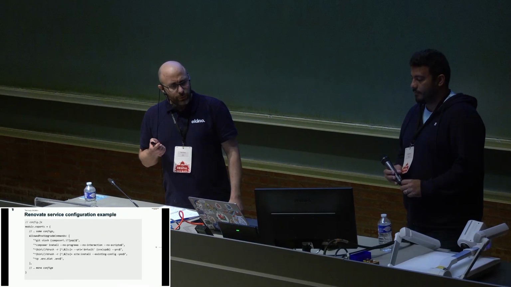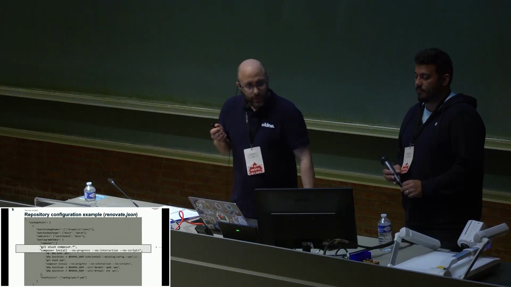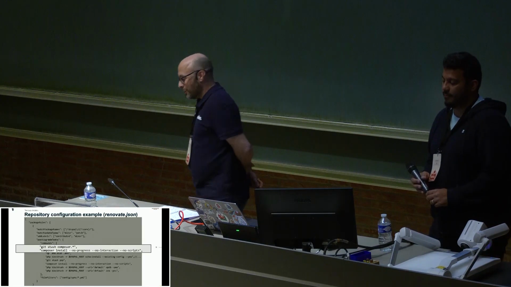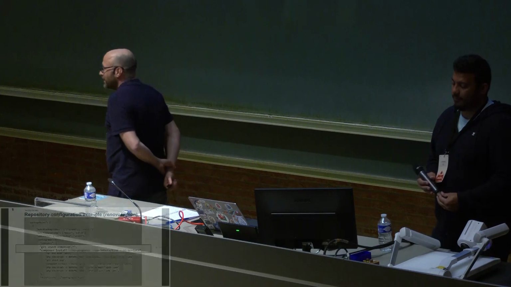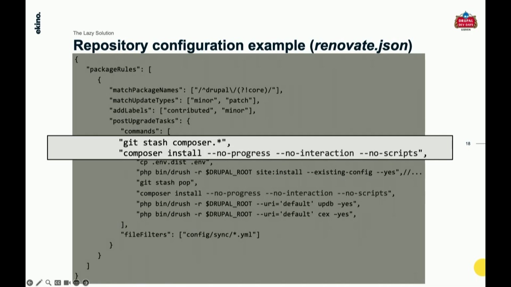There are some blocks. The first block is funny, because we are in a post-upgrade hook, so we have to roll back our update, because we need to install Drupal, and then install Drupal with all its configuration.